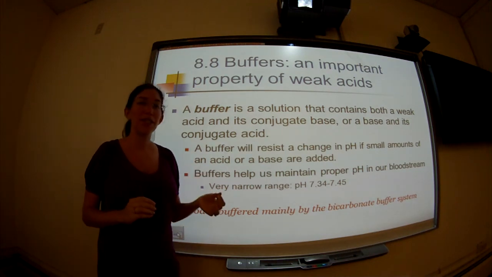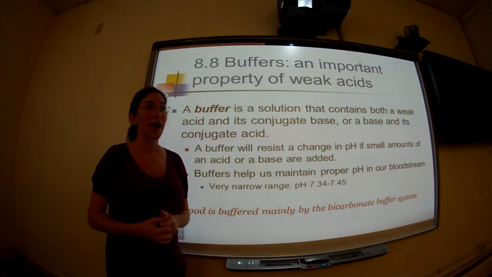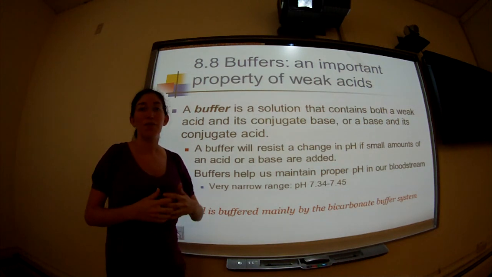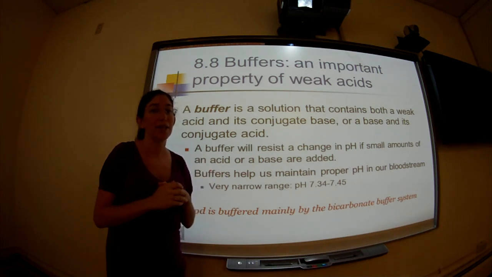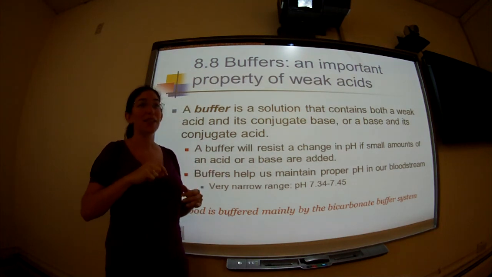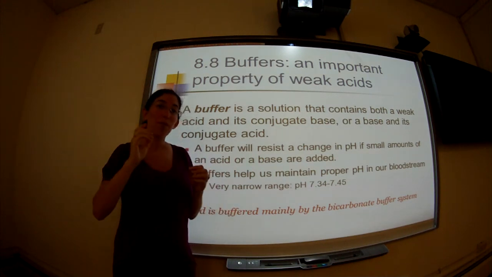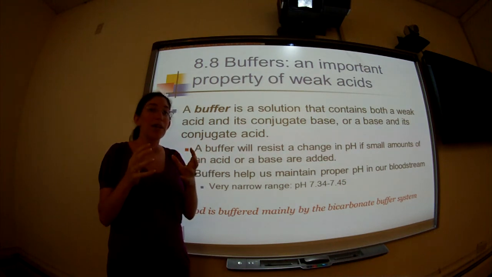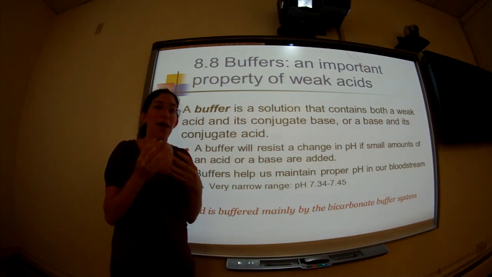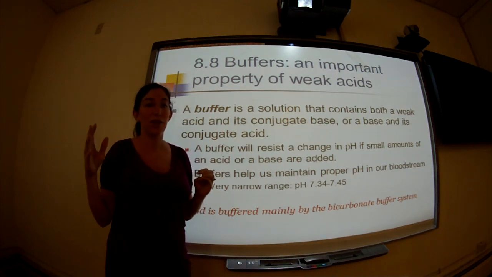Buffers are really important, particularly in physiology, because if you have a solution and you add a little bit of acid to it and there's no buffer in it, that's going to cause a big shift in the pH. If you have a buffered solution and you add a little bit of acid, the buffer is going to sort of suck up that acid so that the pH of the solution doesn't change very much.